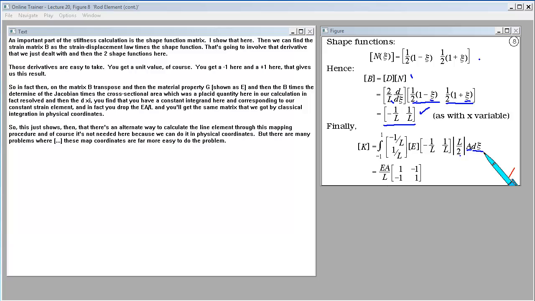You find that you have a constant integrand, corresponding to our constant strain element, and you factor out the EA over L, and you'll get the same matrix that we got by classical integration in physical coordinates. So this just shows that there's an alternate way to calculate the line element through this mapping procedure. And of course it's not needed here because we could do it in physical coordinates. But there are many problems where these mapped coordinates make the problem far easier to do.